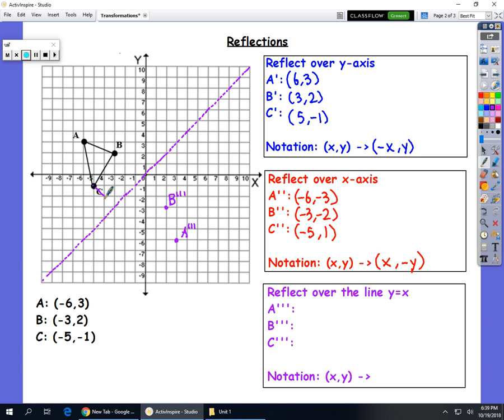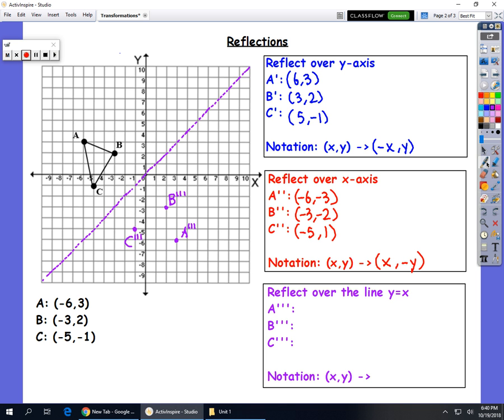And for C, how far away is C from the line? It's 1, 2 from this line. So we're going to go 1, 2 diagonally here. All right, so let's mark this as C triple prime. And let's erase this. There you go.